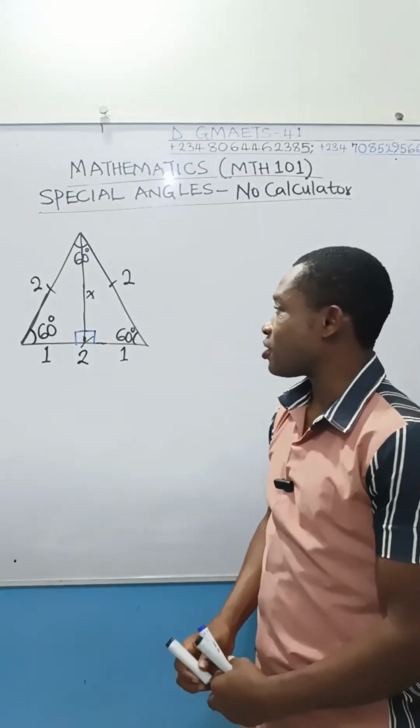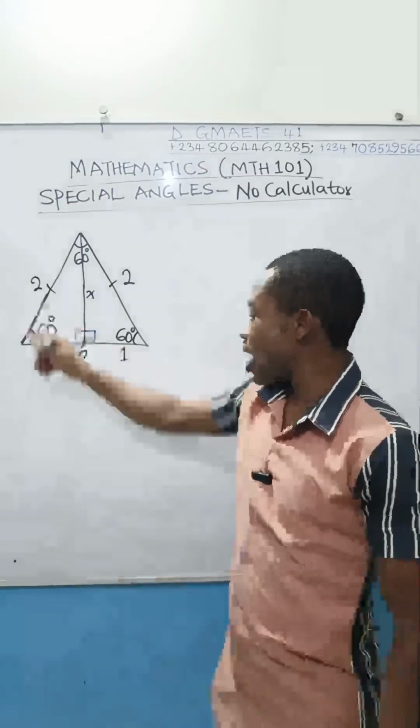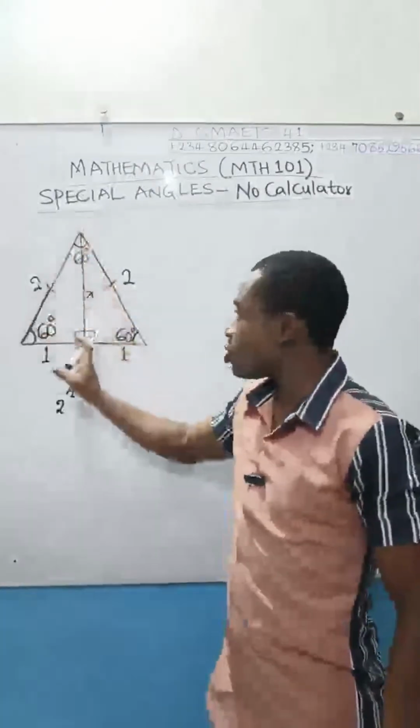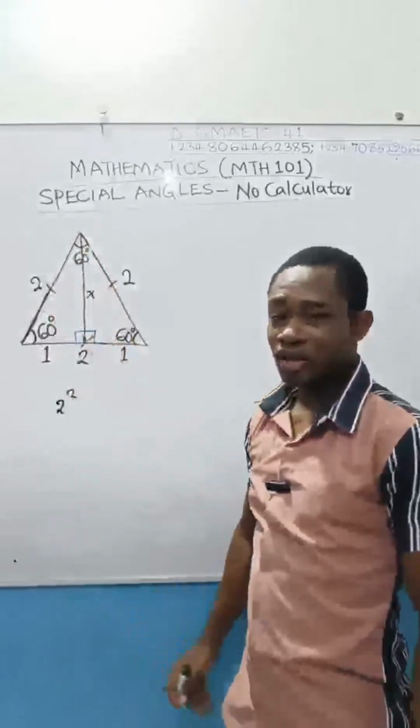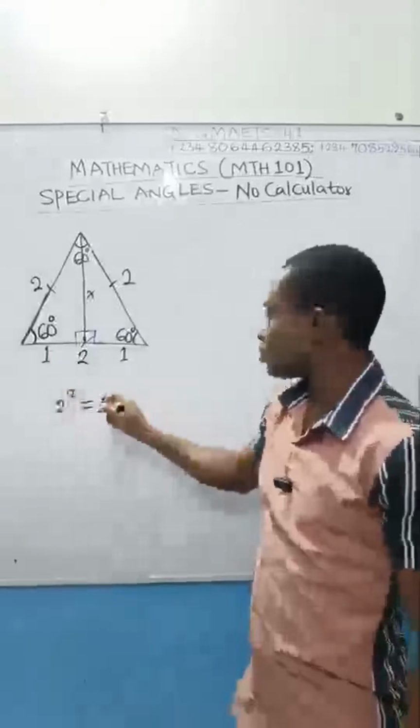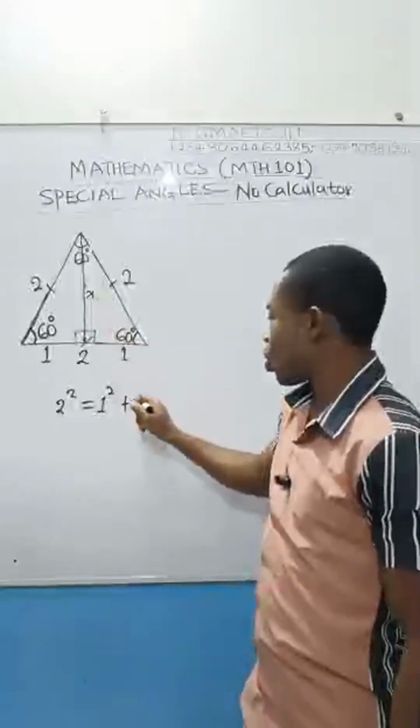If you use Pythagoras theorem, the square of the hypotenuse, 2 squared, I'm focusing on one of these right angle triangles now, will be equal to 1 squared plus x squared.